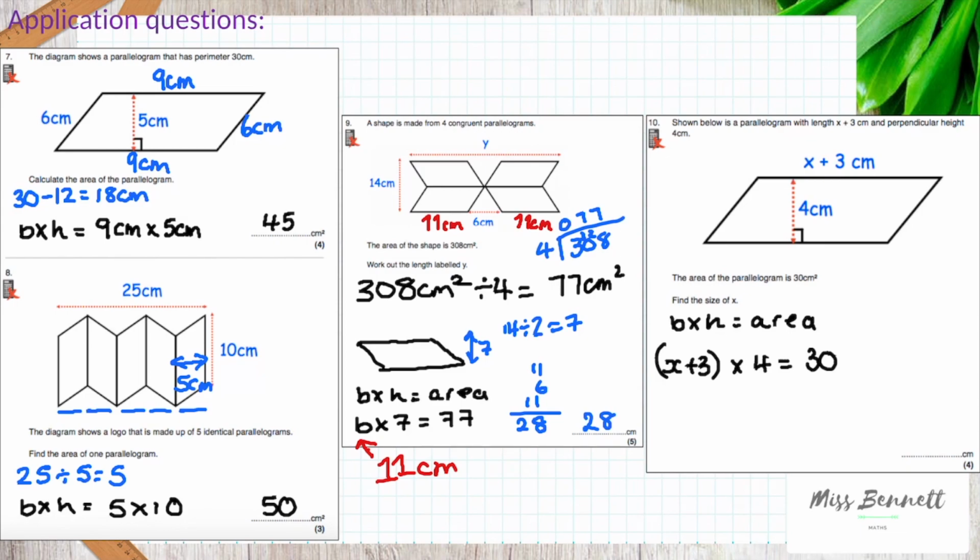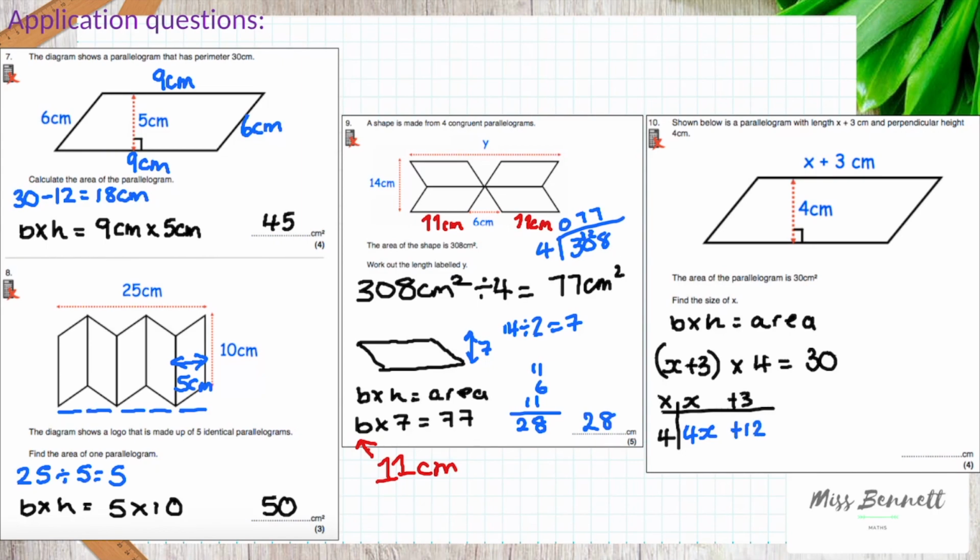I know when I'm multiplying these two things together, I'm multiplying everything on the inside of the brackets by what's outside the brackets, and I like to use the grid method. So I'm doing x plus 3 times by 4. 4 times by x is 4x, and 4 times by a positive 3 is a positive 12.